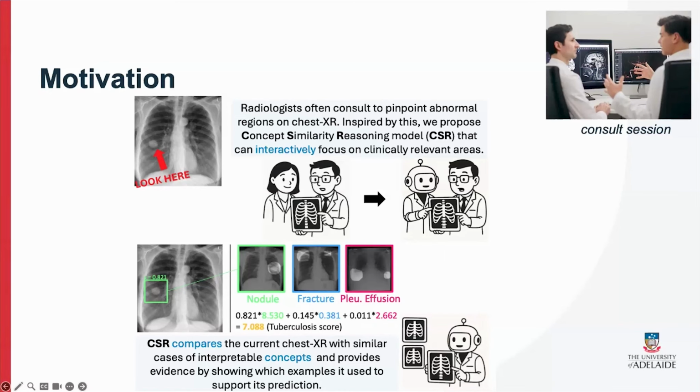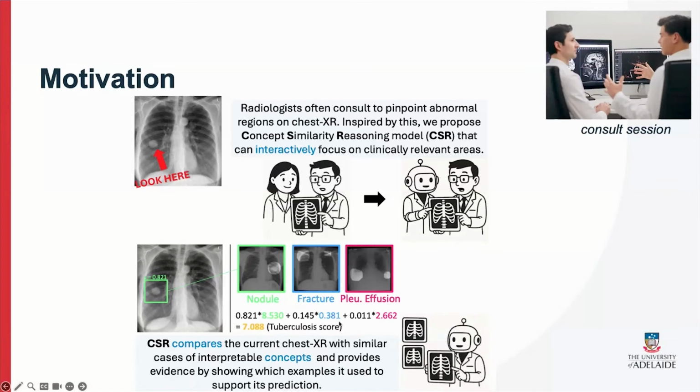This score will be aggregated with the weight of the concept to sum up as the score for tuberculosis. These weights are determined by how relevant the concept is to the target class.